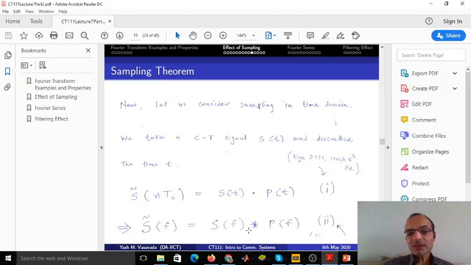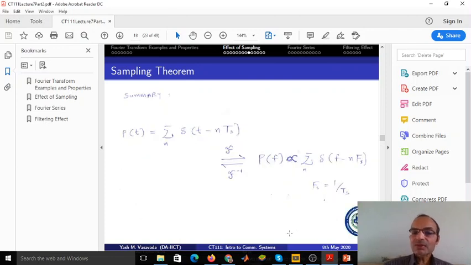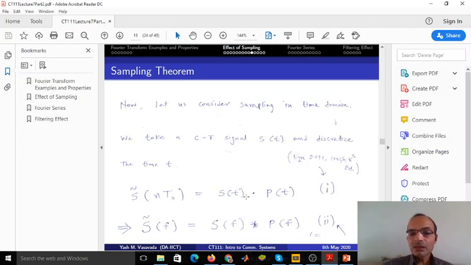So my original spectrum, the spectrum of the continuous time signal, is getting convolved with the spectrum of p of t, which is the impulse train in the frequency domain, where those impulses are separated by F of s hertz. Here the multiplication with the individual Dirac delta functions that make up this p of t ends up giving this s tilde of n times Ts, our time domain samples.